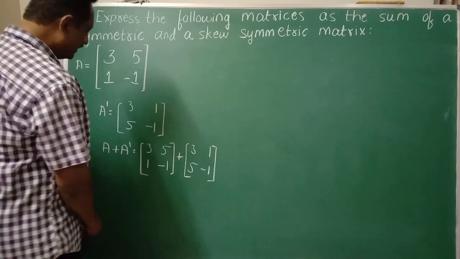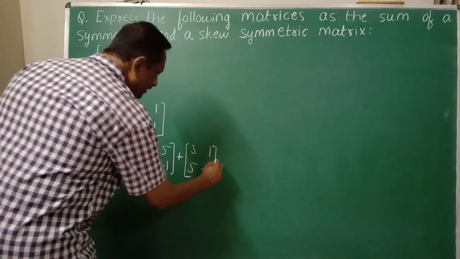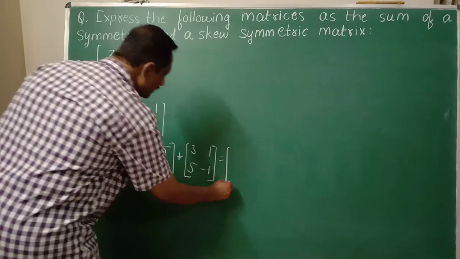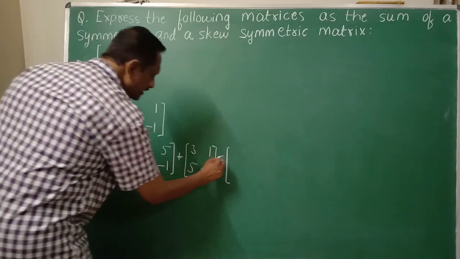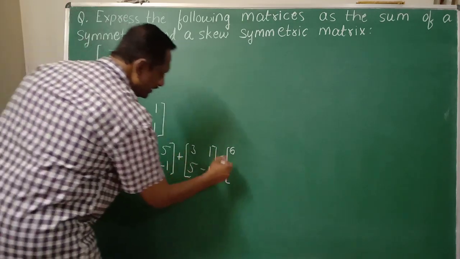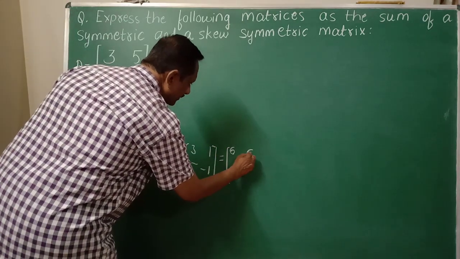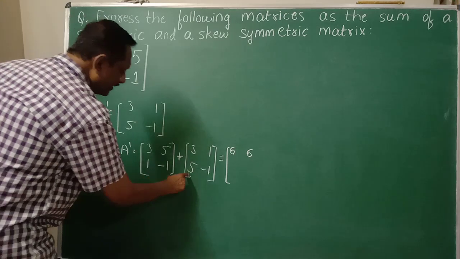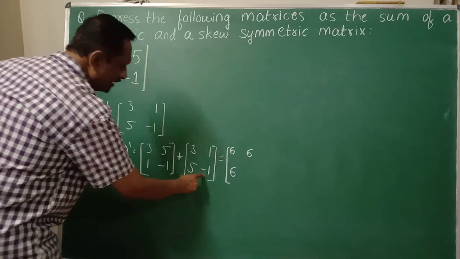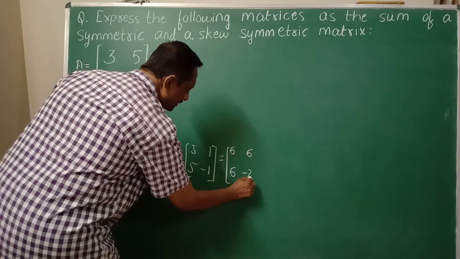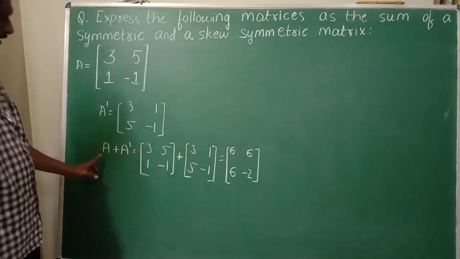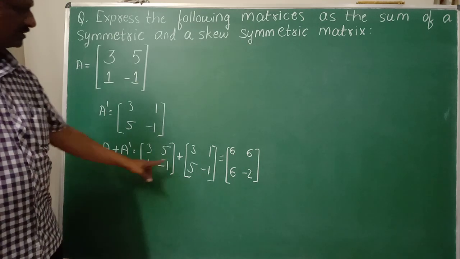Then add it here. Therefore this is equal to 3 plus 3 becomes 6, 5 plus 1 is 6, and 1 plus 5 is 6, and minus 1 minus 1 becomes minus 2. Here A plus A dash is equal to this.